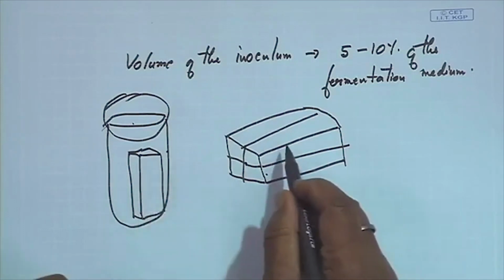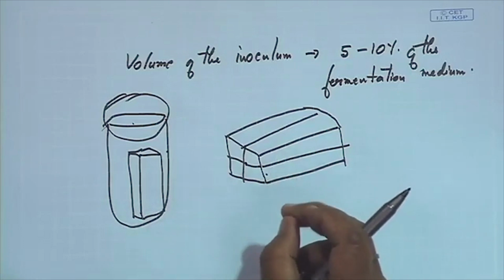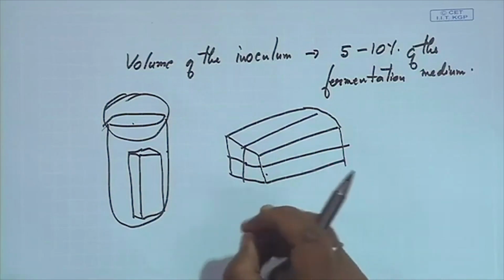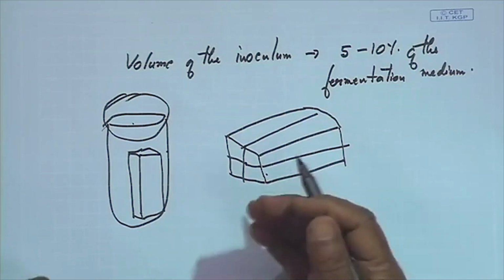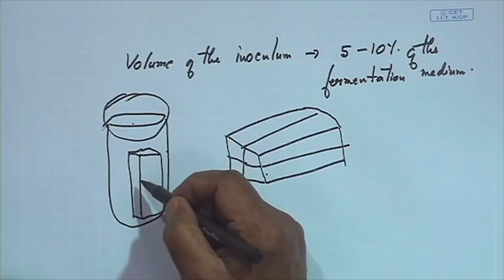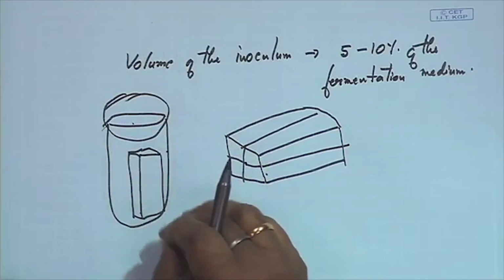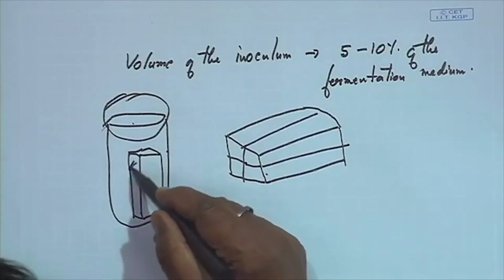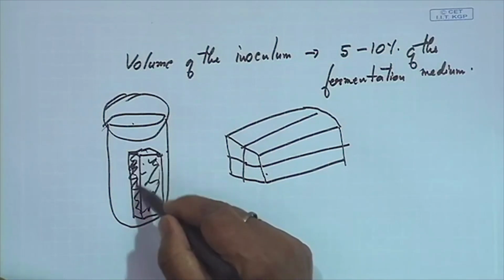I told you bread is produced by using yeast, and yeast has vitamin B, which is required for the growth of Aspergillus niger. So when you inoculate this organism, it has limited moisture content. After some time, this will be totally covered with spores.